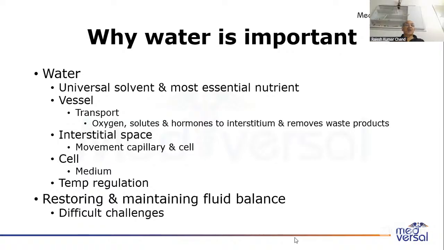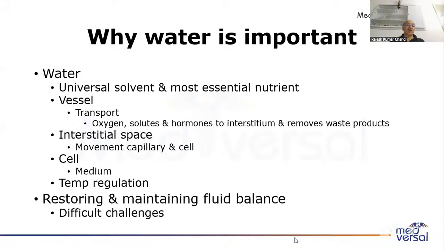So water is the universal solvent and most essential nutrient. It is so obvious. In the blood vessel, the function of water is to transport oxygen, solutes, and hormones to the tissues and remove the waste products. In the interstitial space, the water is responsible for the movement of all these above mentioned substances between the capillary and cells.